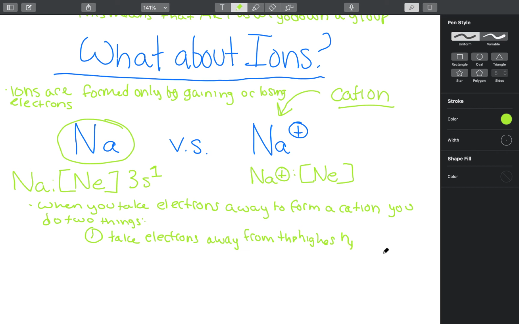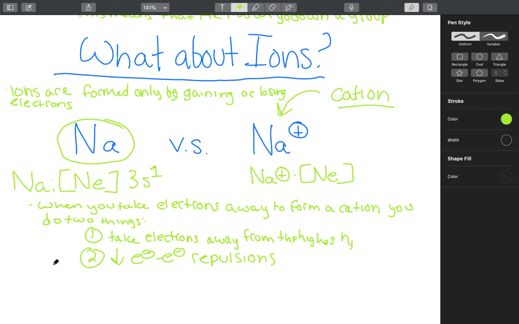So as you do, your probability of finding an electron at further distances from the nucleus decreases. Also, you decrease electron to electron repulsions because you're taking away electrons.